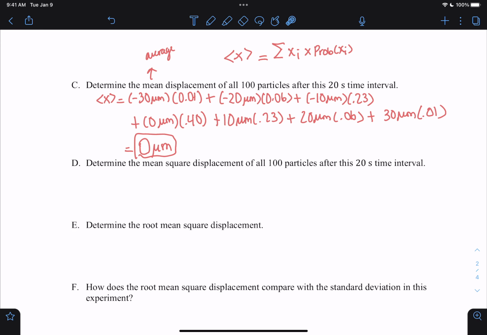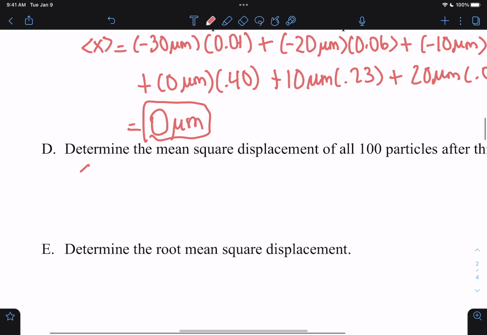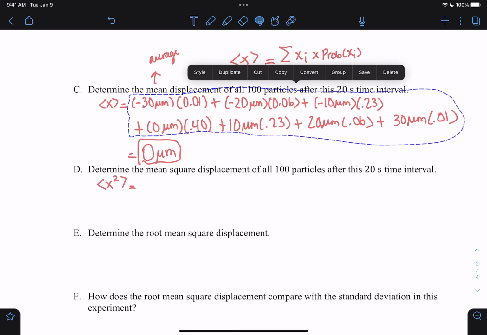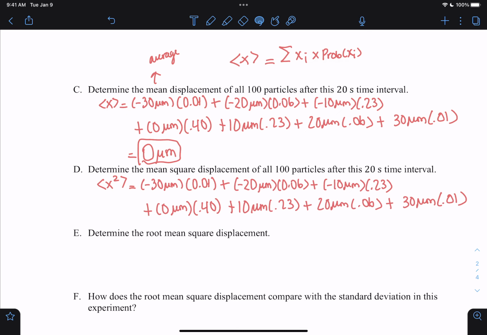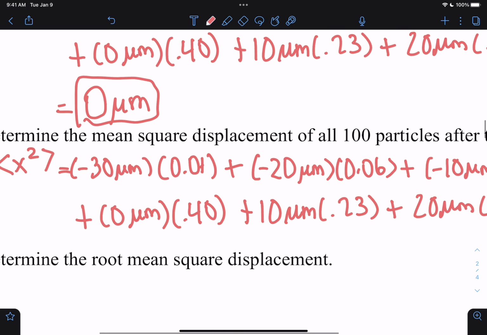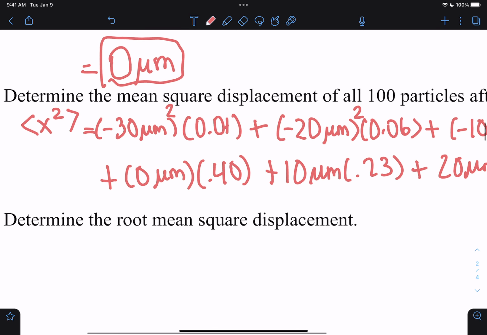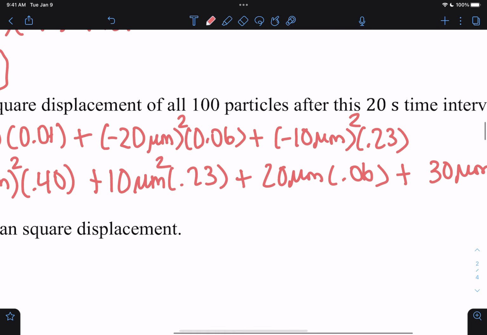That's this value here, which is x squared with the exponent on the inside of the brackets, what I was talking about last chapter. So that's the same as copying and pasting all of this, then taking every single value, squaring it, and multiplying it by its probability.